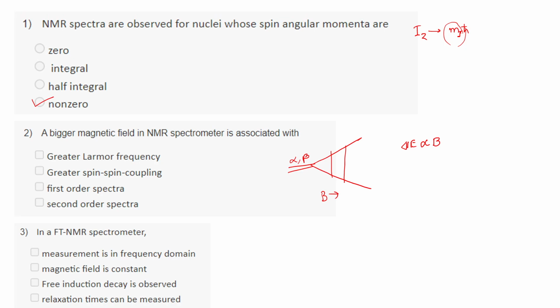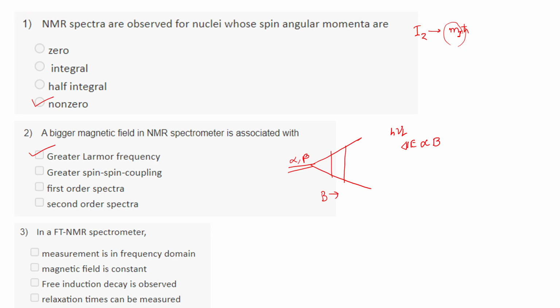So delta E is nothing but h nu L, that is your Larmor frequency. As you increase B, you expect a greater Larmor frequency. Are you going to expect a greater spin-spin coupling? No. There is no effect on spin-spin coupling by the magnetic field.